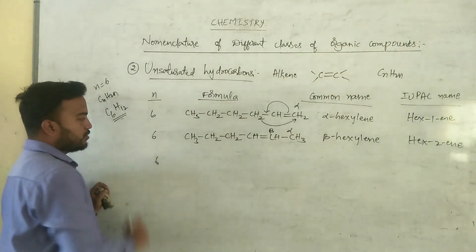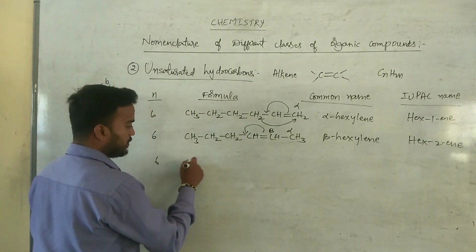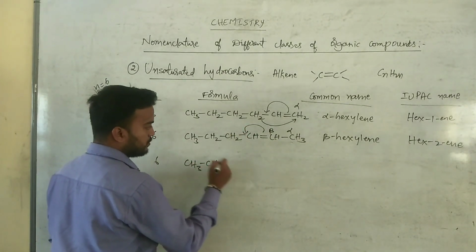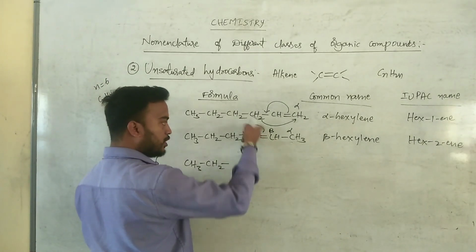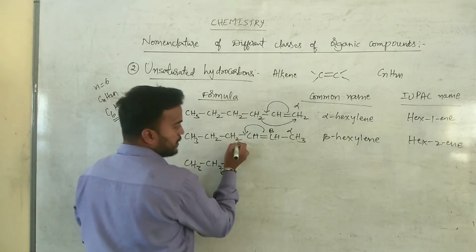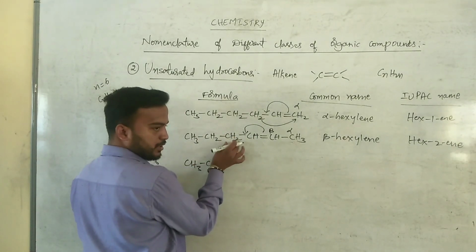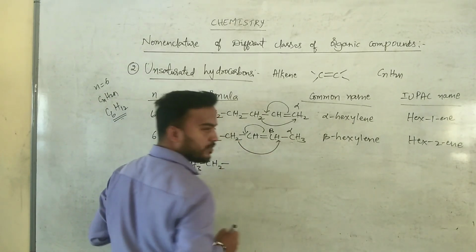Same, I will put n is equal to 6. I will shift this double bond to this carbon atom, CH3 CH2 single bond. I will shift the double bond present at the second carbon atom to the third carbon atom. When we shift the double bond to the third carbon atom, in the CH2 there are 2 hydrogens. Out of 2 hydrogens, I will shift 1 hydrogen to this CH group.